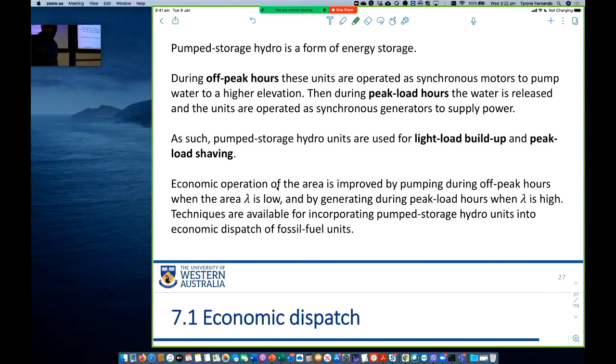So when the area lambda is low, in other words, the cost of electricity is low, you use the synchronous machines as motors, as stated before, and when area lambda is high, you use the synchronous machines as generators, utilizing the stored potential energy in the water to generate electricity.